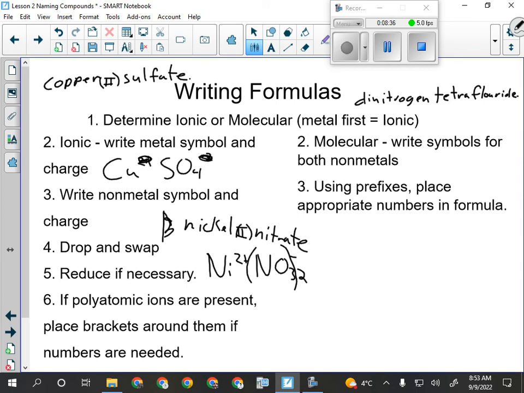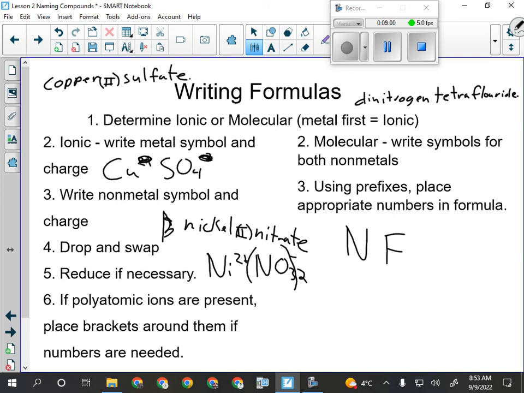Okay, so let's say I get that. Dinitrogen tetrafluoride, ionic or molecular? Molecular. We don't use prefixes in ionic compounds, so they're both nonmetals and there are prefixes. Okay, so I follow my molecular rules, write the symbols for both nonmetals. Nitrogen, fluorine.